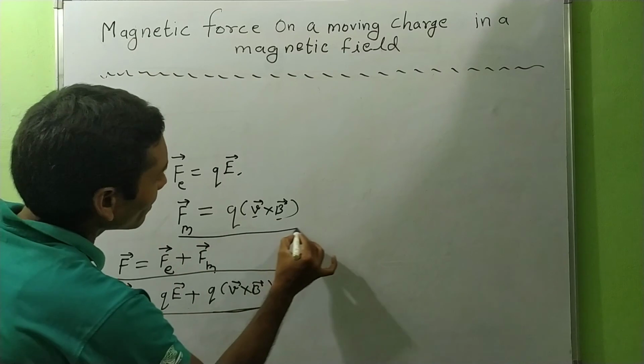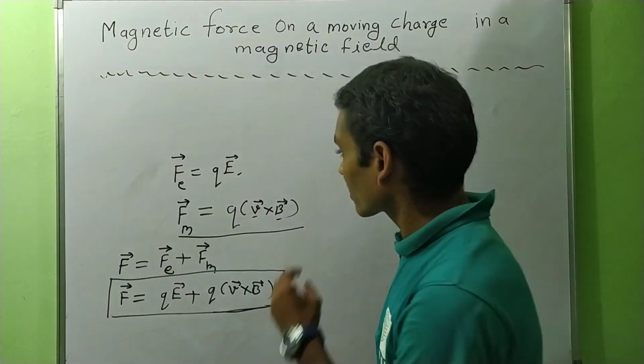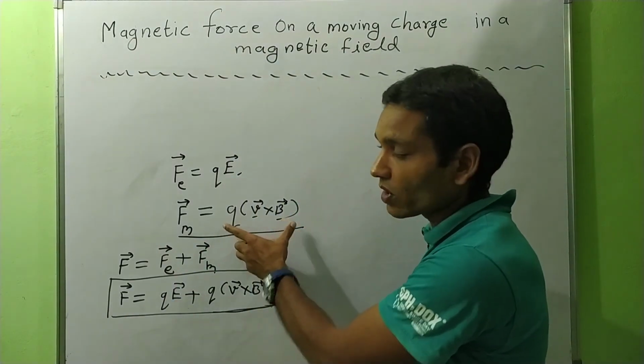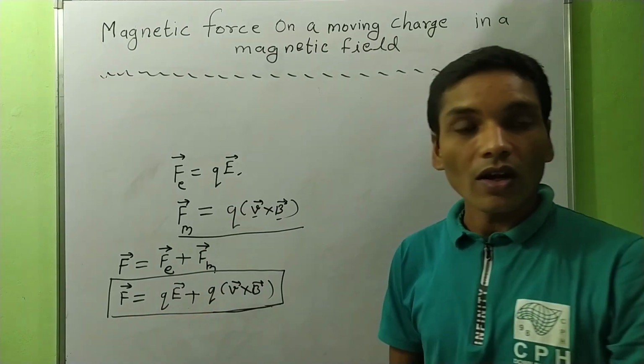This part is the magnetic Lorentz force. This is not the complete Lorentz force. This total force is called the Lorentz force.